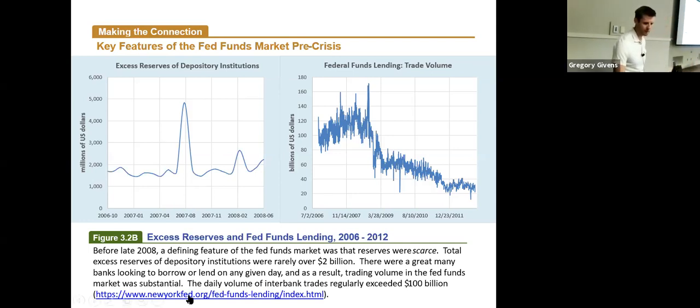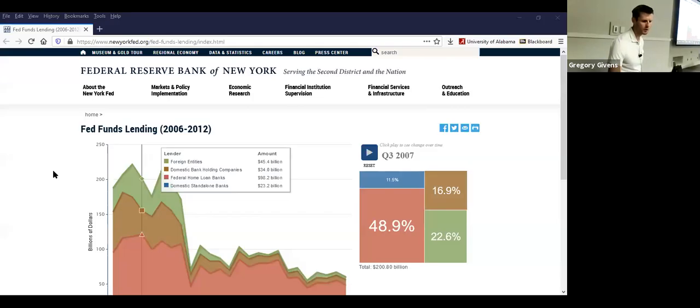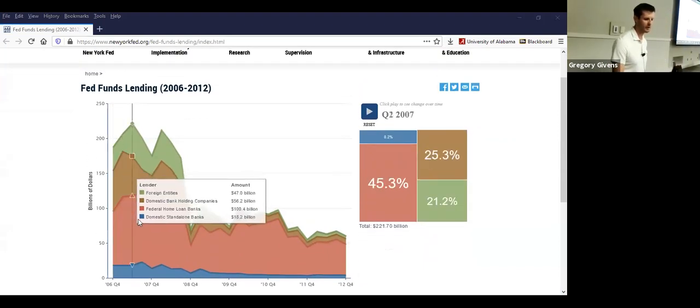This link right here, by the way, takes you to an interesting graphic on the New York Fed's website. It also shows this federal funds lending from the period of 2006 to 2014.